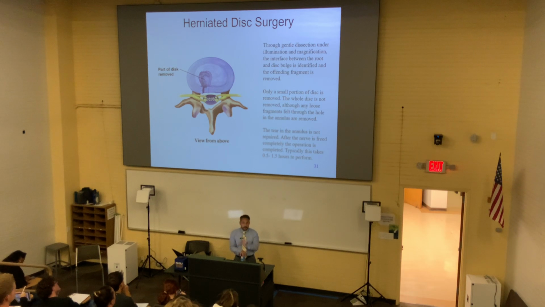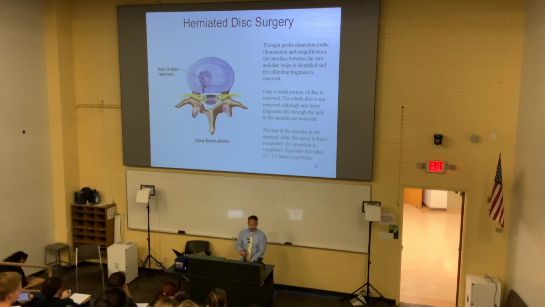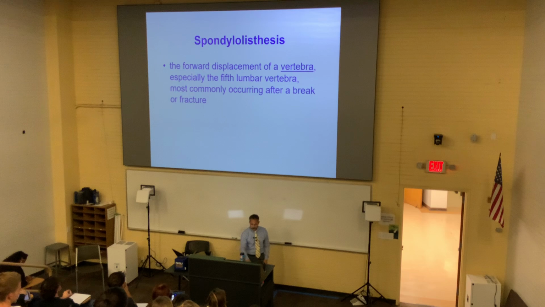It's not a long procedure. It's actually pretty straightforward. Maybe an hour actual cut down time. There's going to be prep time and there will be post-operative time. So it's probably like a 3 to 4 hour surgery. But the time that the neurosurgeon's actually working on the patient from first incision to close is probably an hour, plus or minus. Questions?